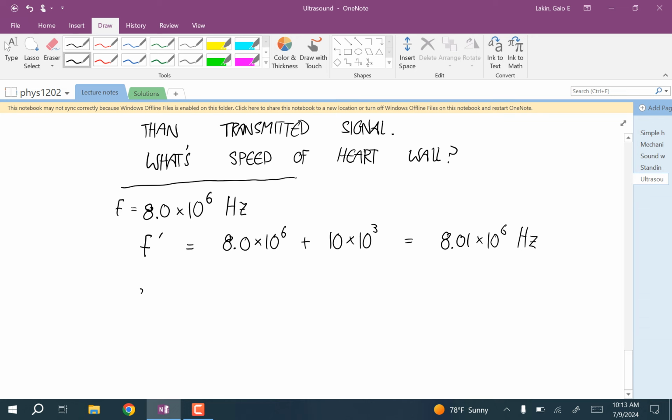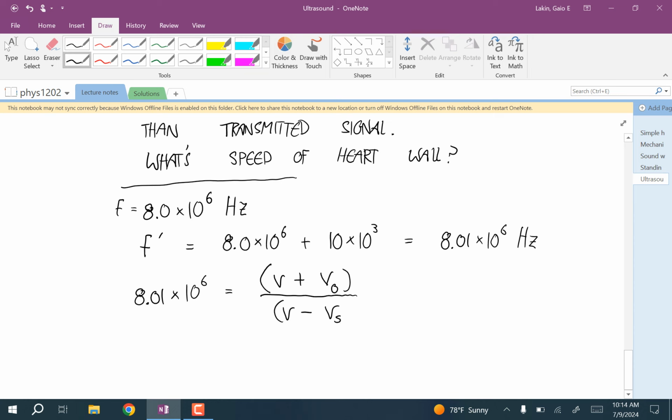And now we can put this into the Doppler equation. The received frequency is equal to the speed of sound through the material, that's going to be 1500, plus the speed of the observer moving towards the source, divided by the speed of sound through the material minus the speed that the source is moving towards the observer.